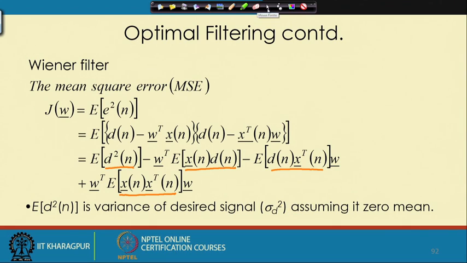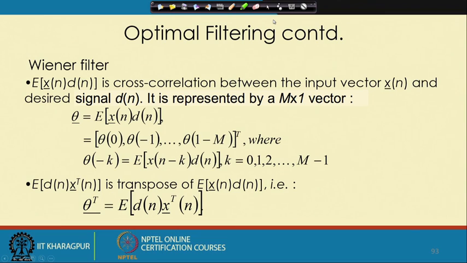Now, let us look at what the other constituents are here. Second, the part we look at is x n vector and d.